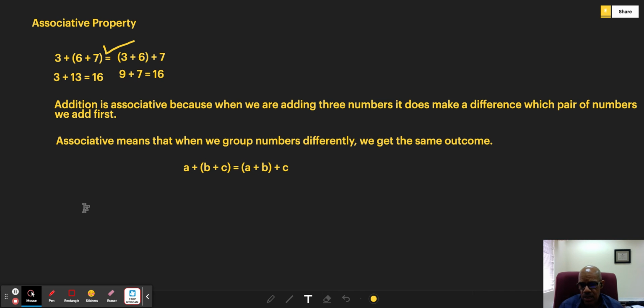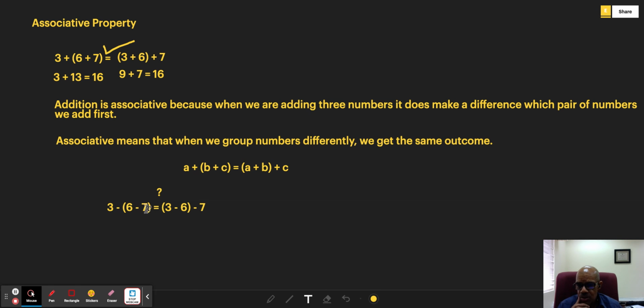And if we want to check subtraction, we can see easily that subtraction is not associative. 3 minus brackets 6 minus 7 brackets, is this equal to 3 minus 6 minus 7? Question mark.